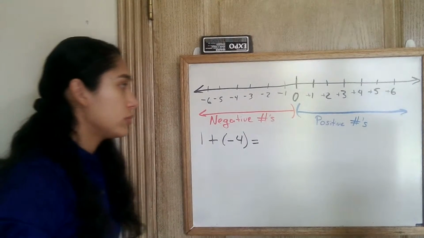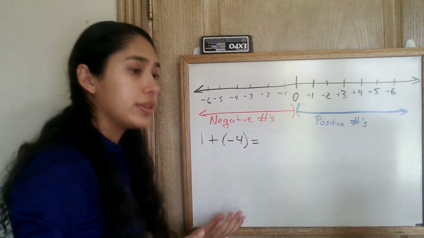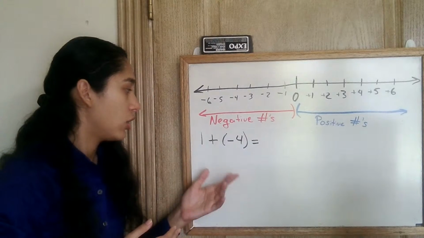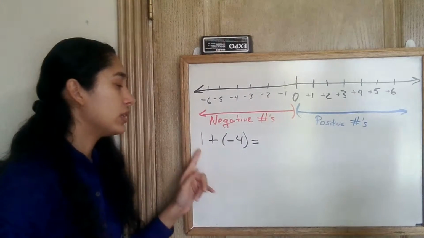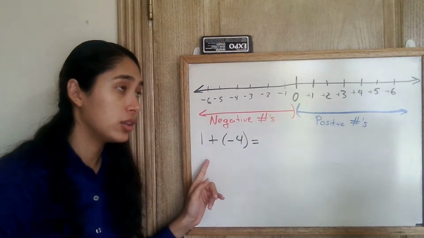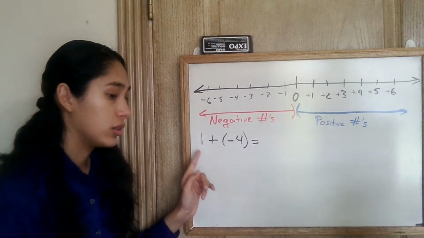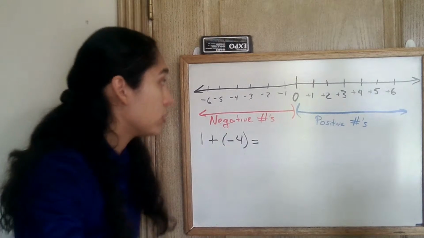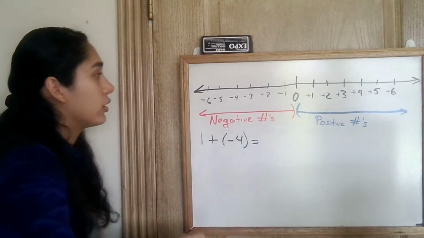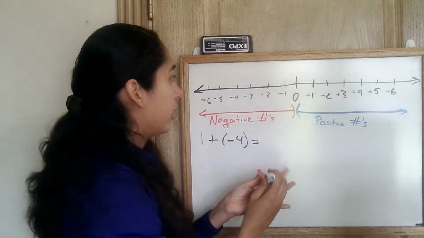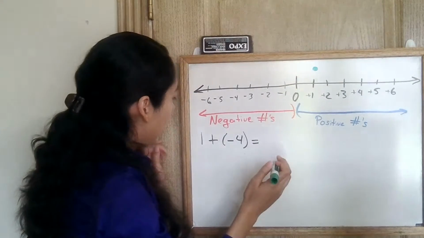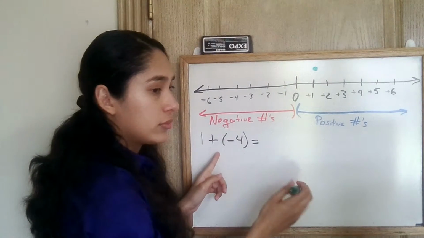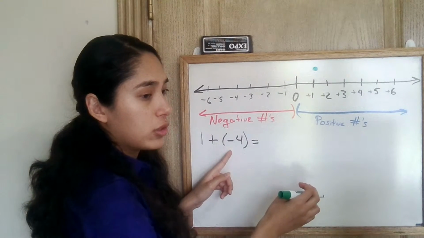So in the English language, when we look at math, we read from left to right. So we're going to start at number 1, at positive 1. Okay, so let's use a different color. All right, we are right here, starting point. And we're going to add, well, there's -4.